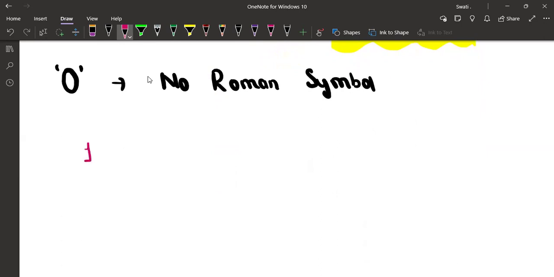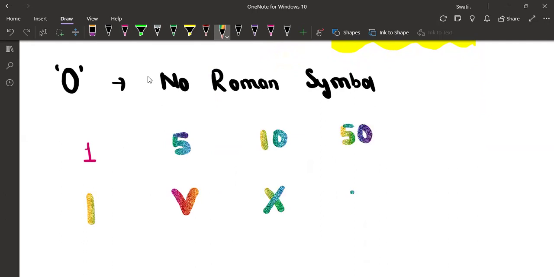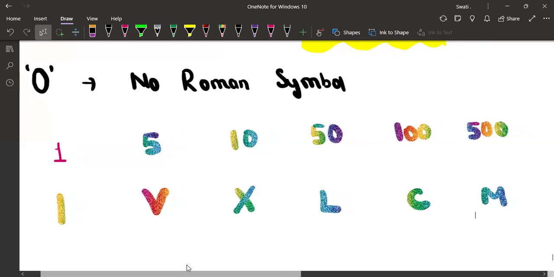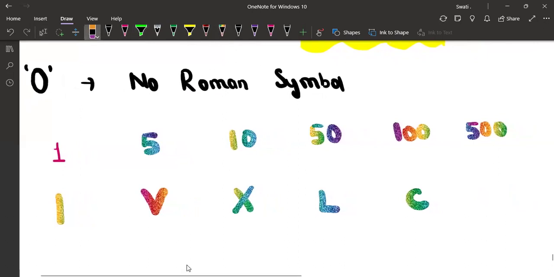For 1, we use the letter I. For 5, we use the letter V. For 10, we use the letter X. For 50, we use the letter L. For 100, we use the letter C. For 500, we use the letter D, not M. And for 1000, we use the letter M. It's 1000.